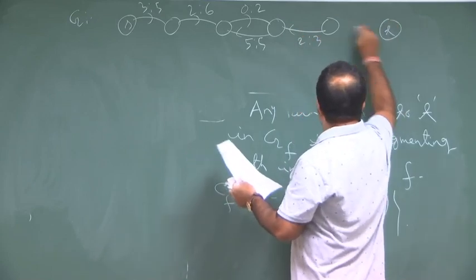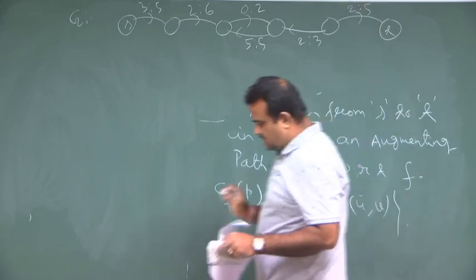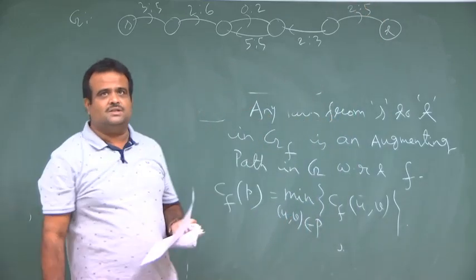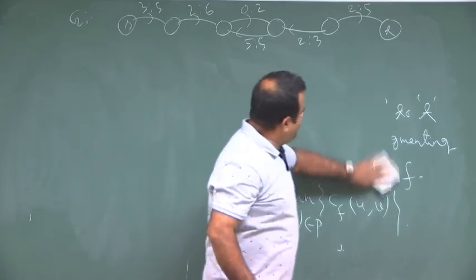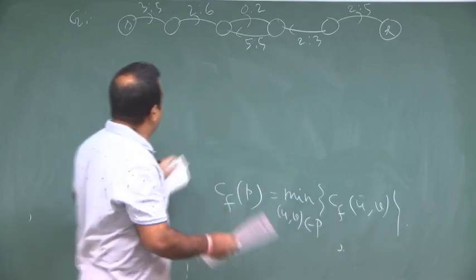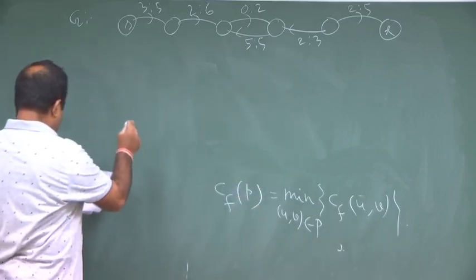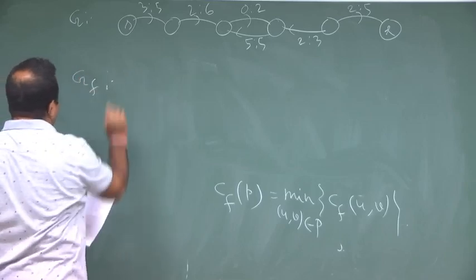So, this is T, say 2, 5. Suppose this is a path from S to T in the original graph. Now, what will be the path in the residual graph, that is called the augmenting path? So, in G_f, how do we draw G_f?